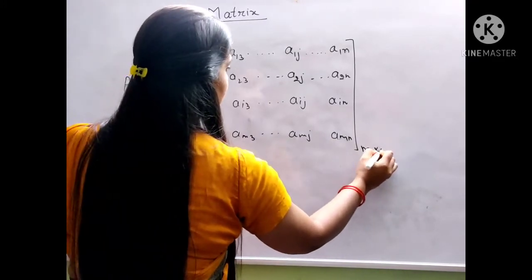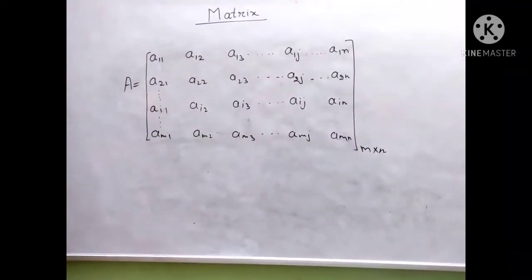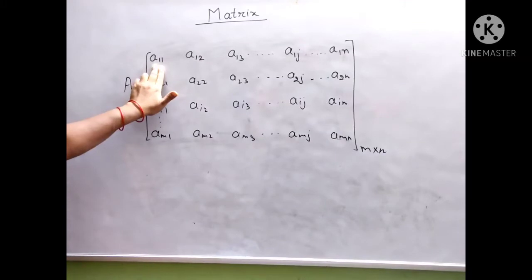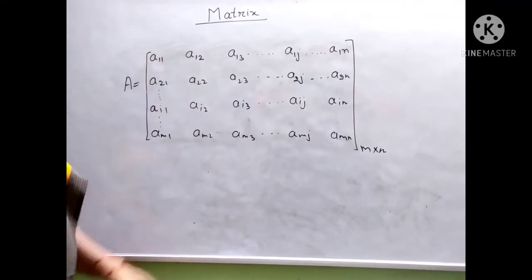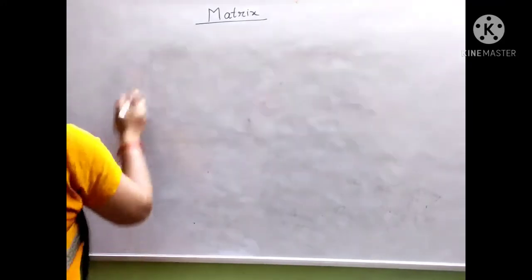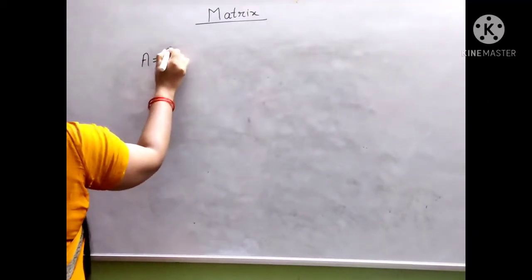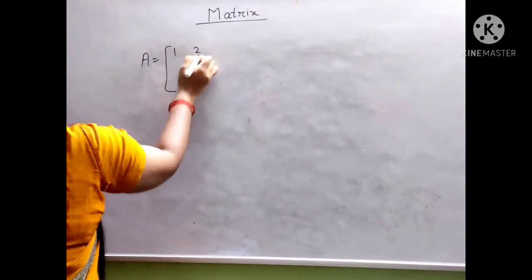So here we can check the order of the matrix as m by n. What is the position of an element in a matrix? By these numbers we can check the position of the element. Suppose we have a matrix having the elements.